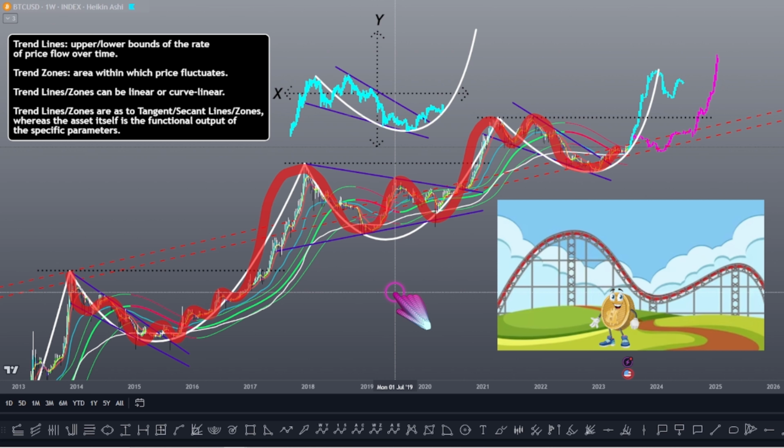If you think about Bitcoin as a function, when you draw trend lines, they act as tangential or secant-like mathematical lines that create an interval of where Bitcoin is seeing the specific bearish rate of change, to mesh both of these concepts, math and market analysis, into one.